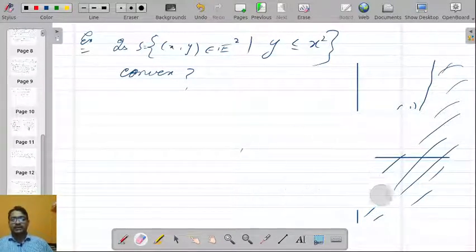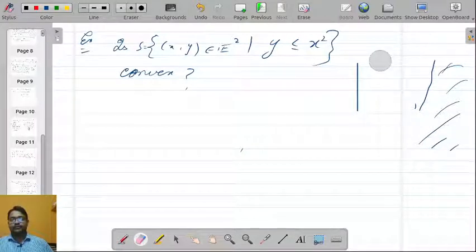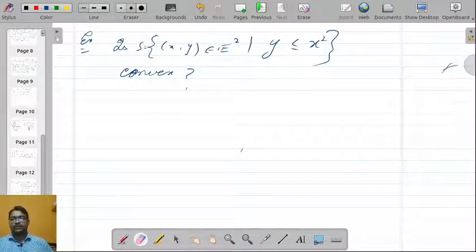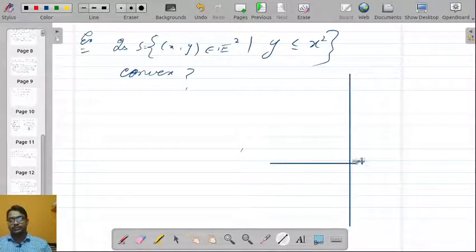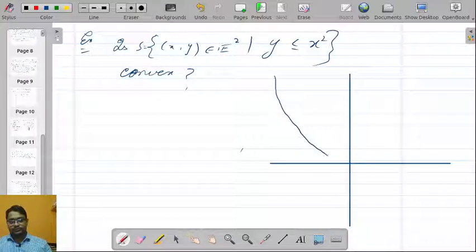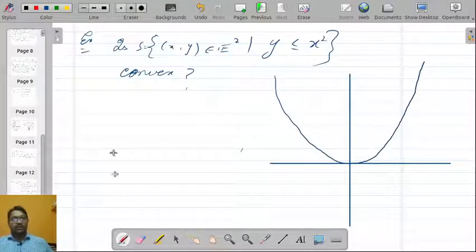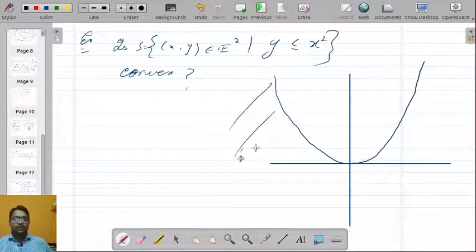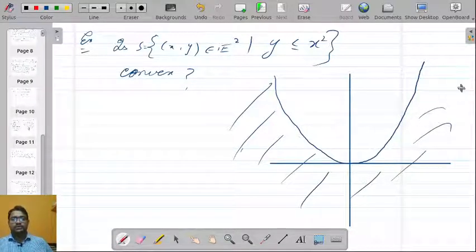So let us write it nicely. If we draw this diagram, it's a parabola, and then we have to mark the region. This is the region.